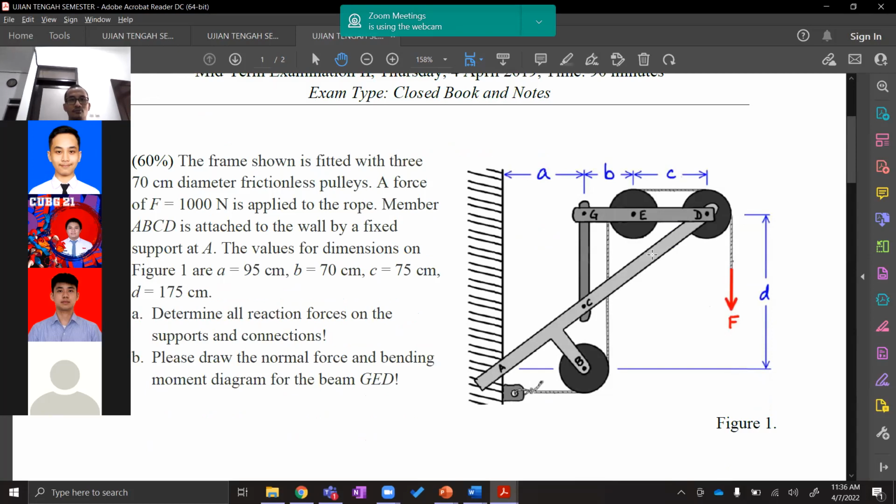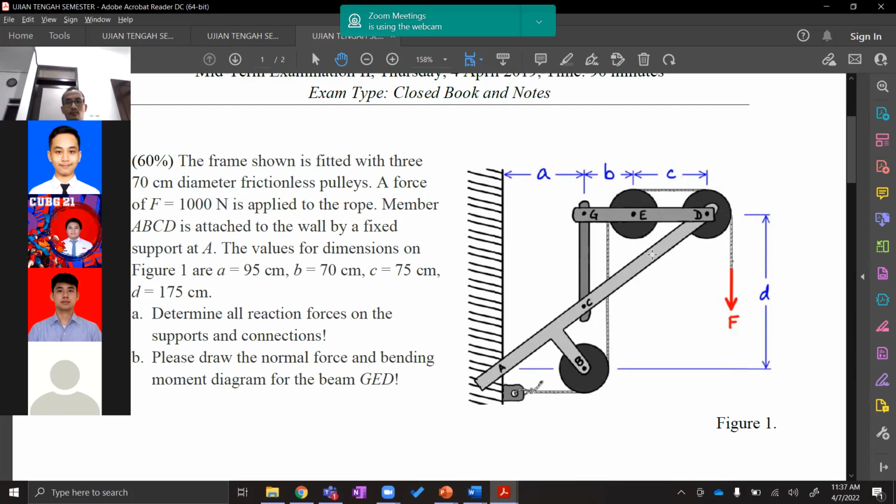Okay, if you find this kind of problem, a combination between frame and internal force and moment, what you're supposed to do is, as usual, solve the frame problem first. Find out the two-force member. In this case, we have two-force member CG. Then replace the CG there with a force in the direction of CG.